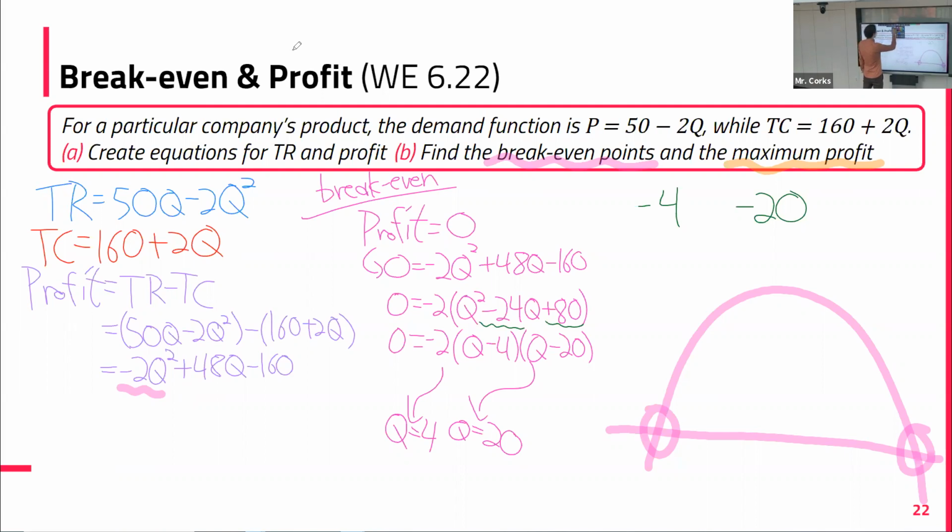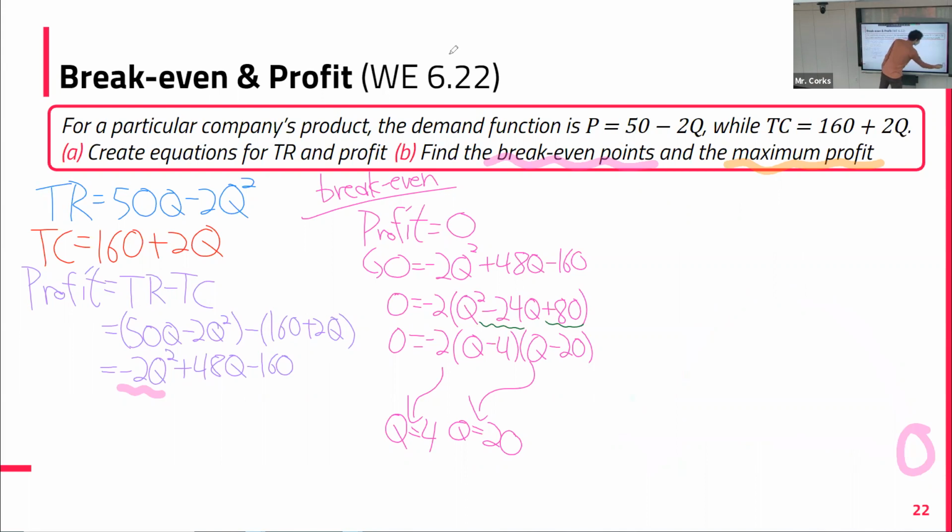All right, that's most of this, but we were also asked to find the maximum profits. How can we find that? Largest q, you mean this one, 20? This is a break-even point.